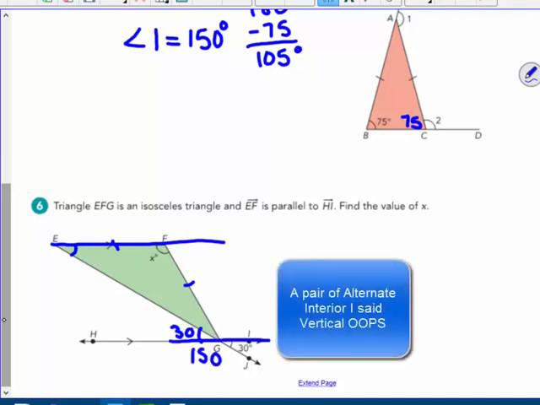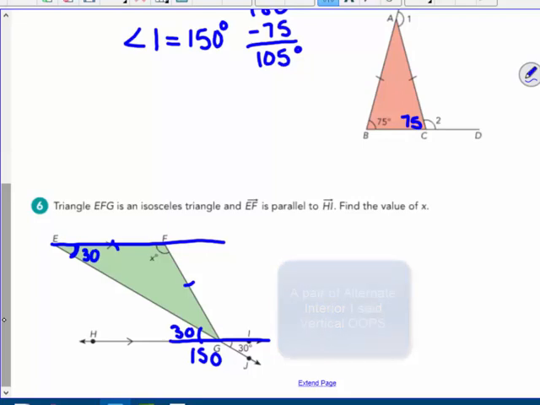This angle and this angle are vertical angles. So this has got to be 30, which means this is 30 because of that being an isosceles triangle. 30 plus 30 is 60. So 60 plus that x has to equal 180 because that's a triangle. So that x has to equal 120 degrees.